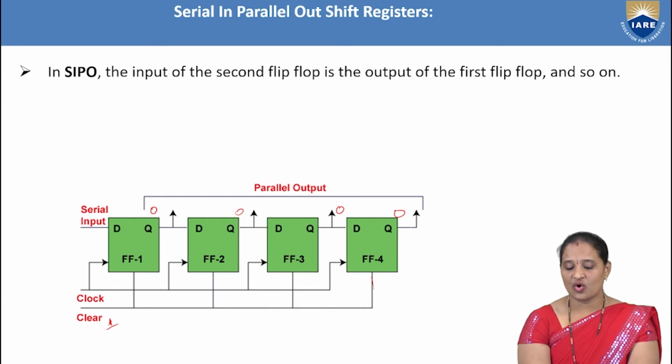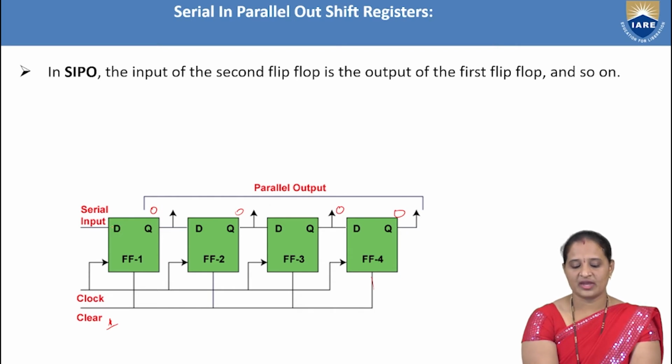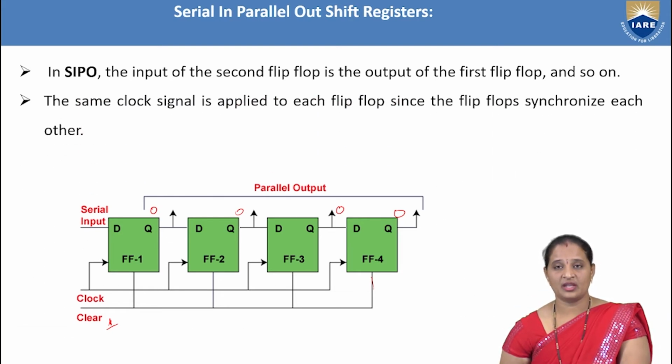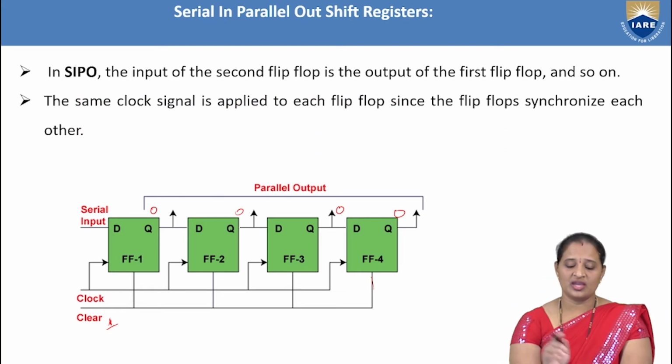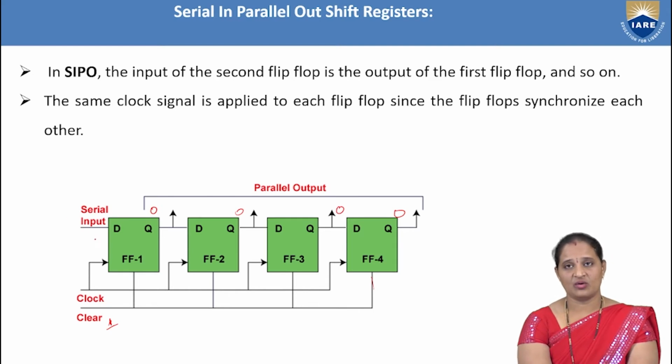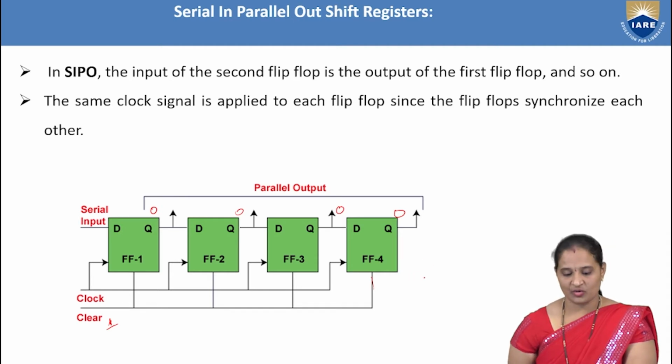Whereas in serial in serial out we took the output serially, here we can take all the outputs at a time. These are the parallel outputs, whereas this is the serial input. Since we take the input at the left side, we can also consider this a shift right register operating in serial in parallel out mode.